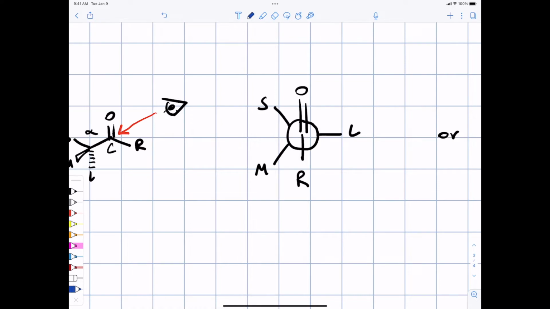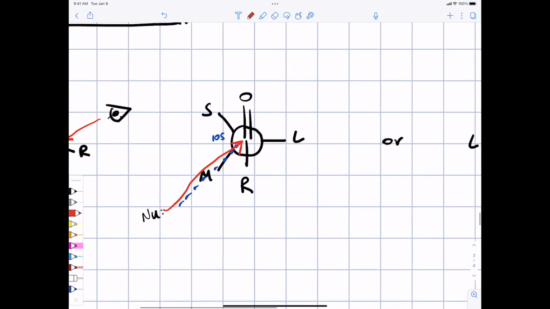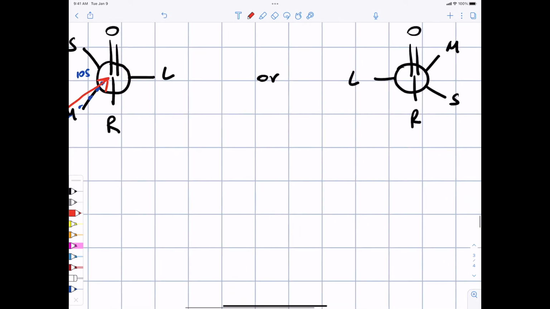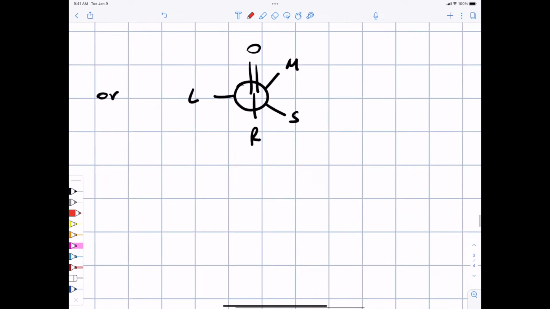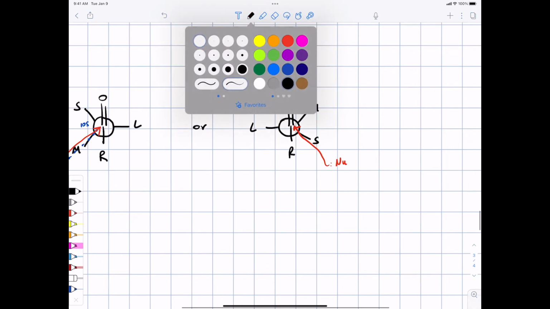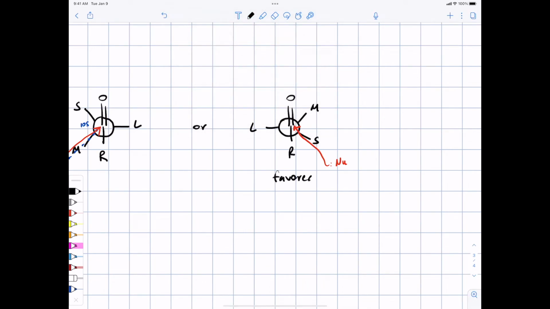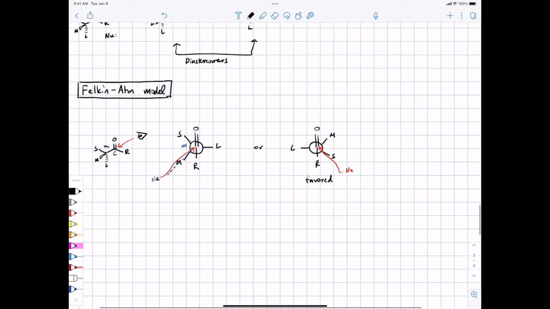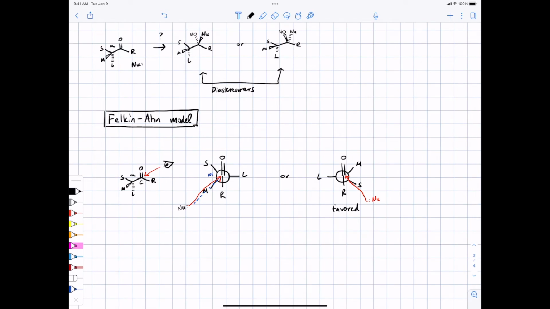So that incoming trajectory of about 105 degrees, whereby the nucleophile approaches the carbonyl carbon, is going to bring it basically eclipsed with the medium group, and if we do the same here, the nucleophile can approach over the small group. And the idea is that this is favored, all right? It's favored because of sterics.